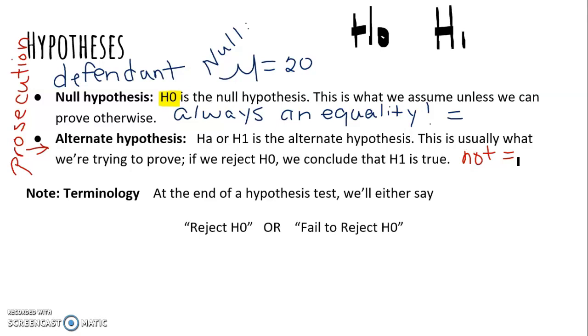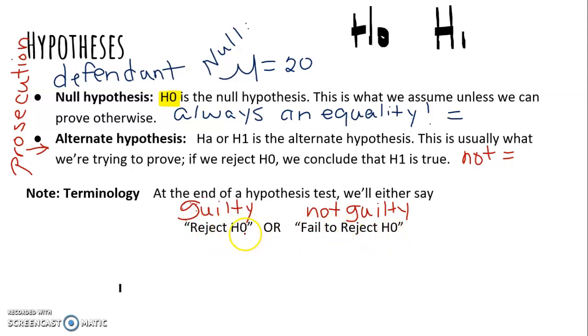So the jury comes back with the decision to say that the defendant is either guilty or not guilty. Now, we're not going to say guilty or not guilty for a hypothesis test. Instead, we're going to say the equivalent for us. We're going to say reject the null, reject H0, or fail to reject the null.